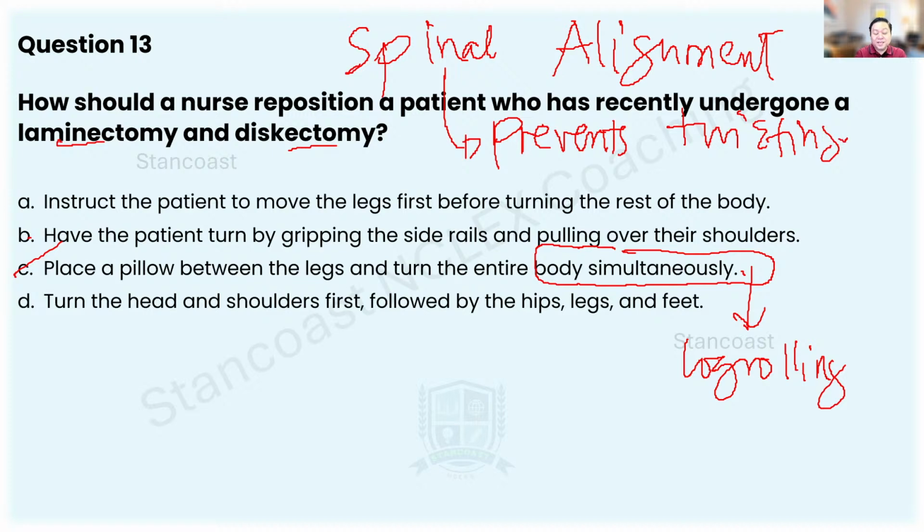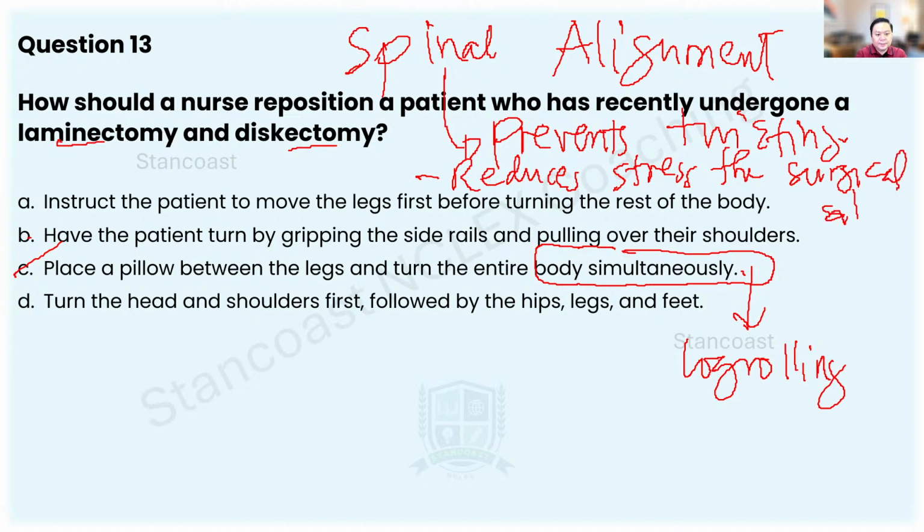And if we are preventing the twisting, it can also reduce the stress on the surgical site. Our goal here is to make sure that healing is not disturbed by improper positioning, guys. Healing is our utmost priority this time, post-surgery.